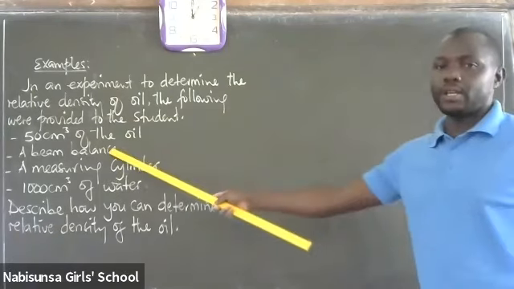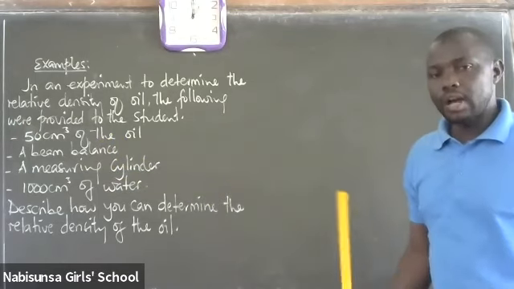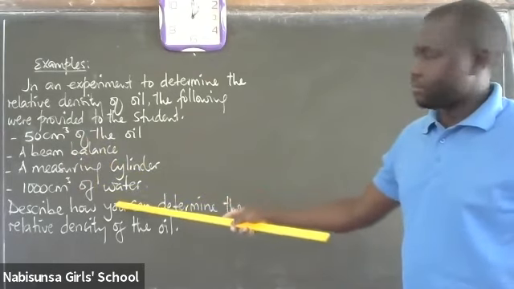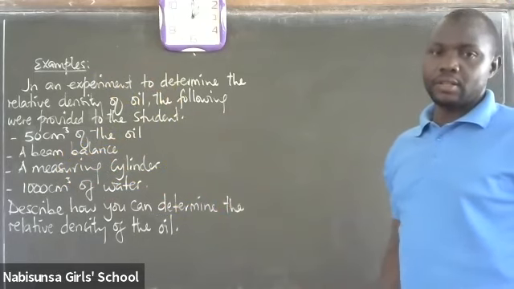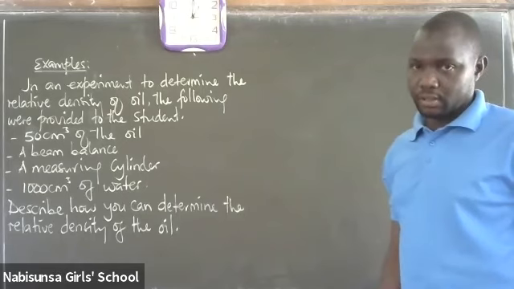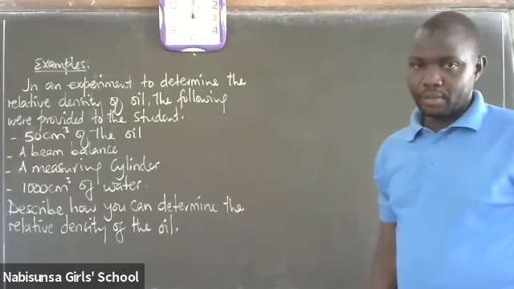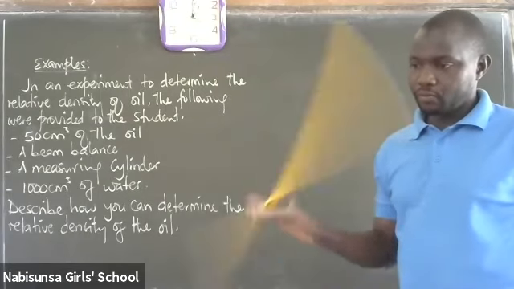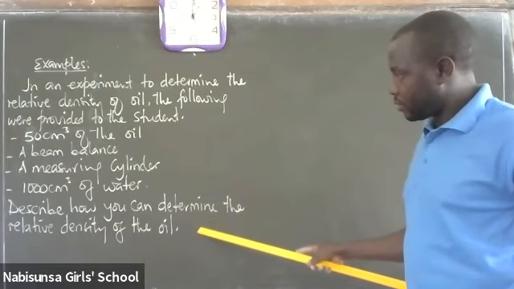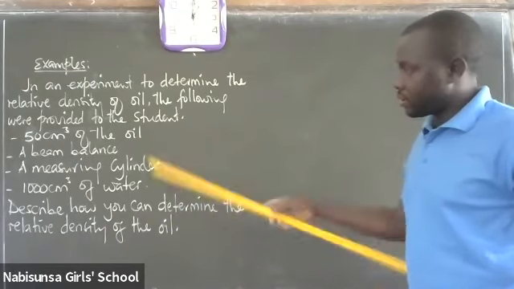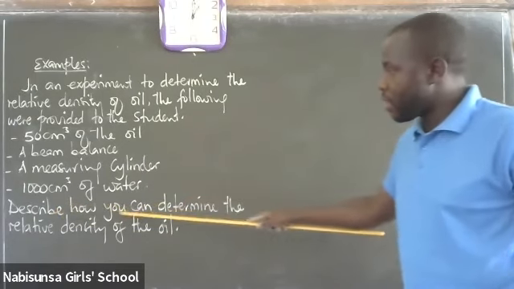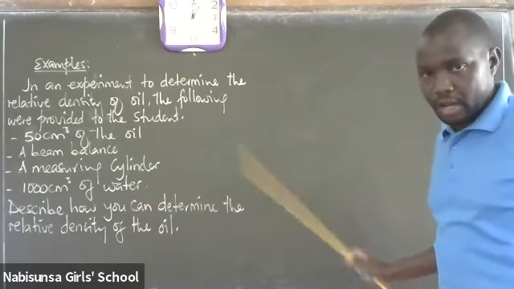So for example, here someone is saying, but we don't have the mass. It is true, the mass has not been given. But what is the role of the beam balance? What I am being asked is to describe how you can determine the relative density of the oil.